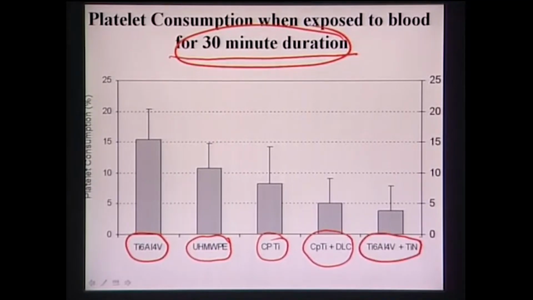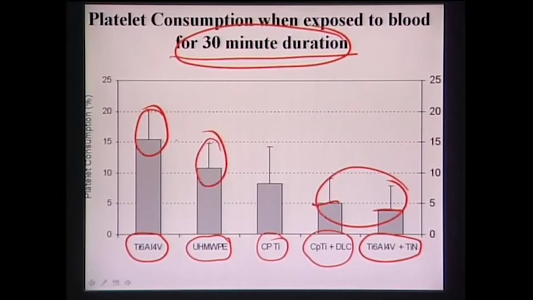So you have this diamond like carbon coating and this titanium nitride coating, and those two coatings, as you can see here, the mean value is much less than that of titanium 6% aluminum 4% vanadium, or even the ultra high molecular weight polyethylene.